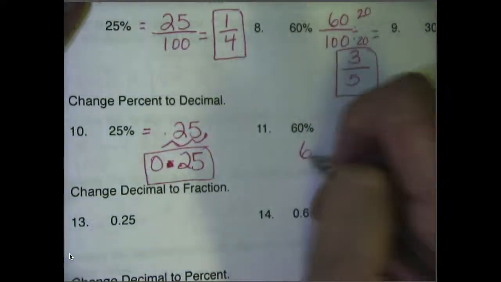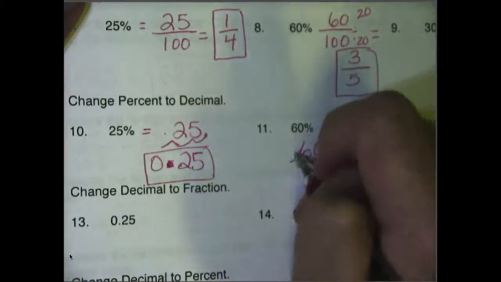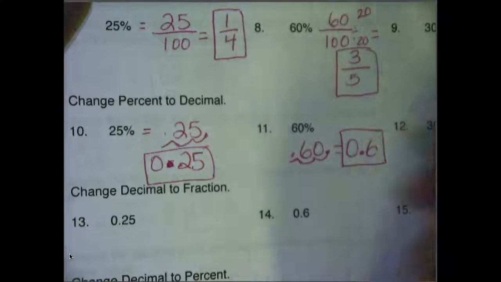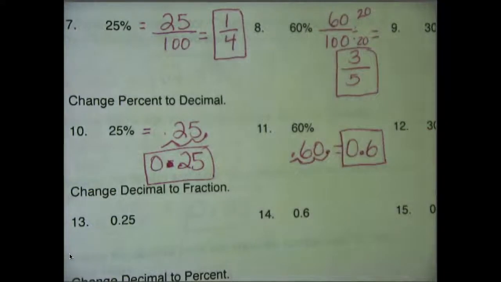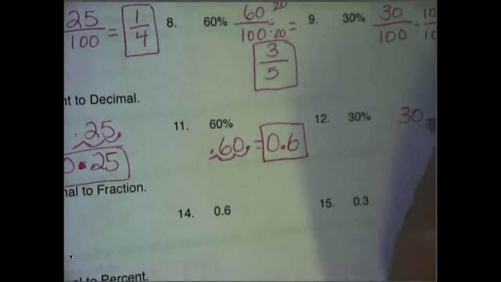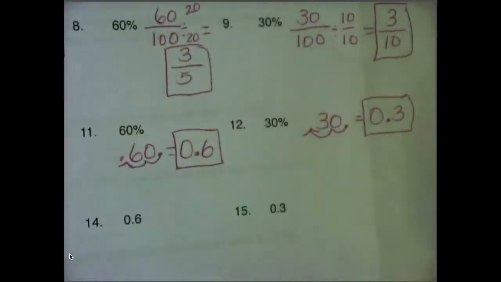Number 11, remove your percent, move your decimal 1, 2 places, 0.6. 0.60 is fine, but you don't need that 0 at the end. 30%, we take the 30, move our decimal point 1, 2 places, 0.3. So all of these things are very similar. You just have to remember your rules.